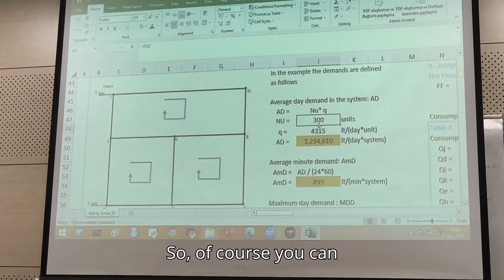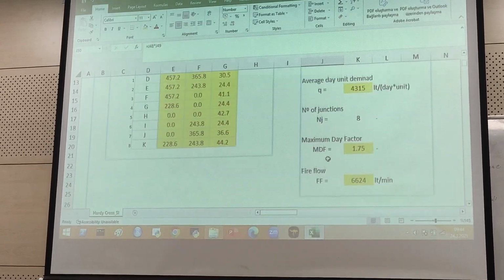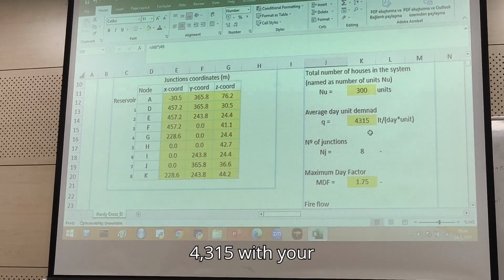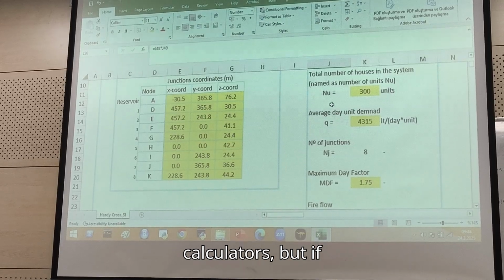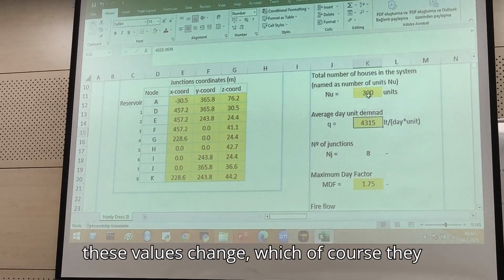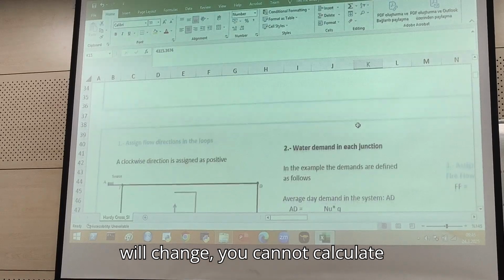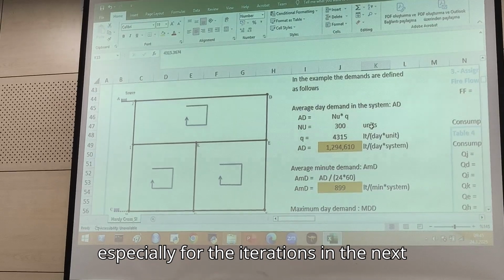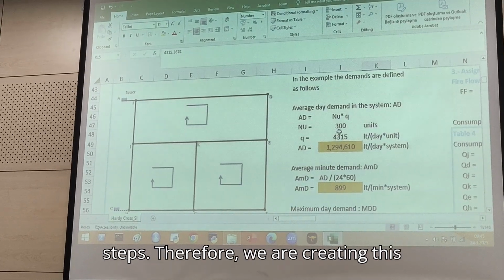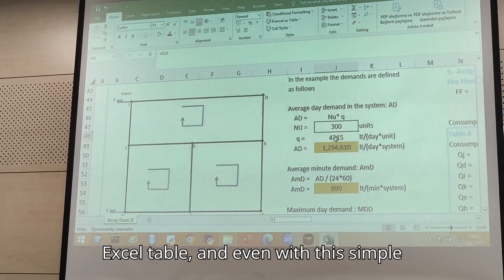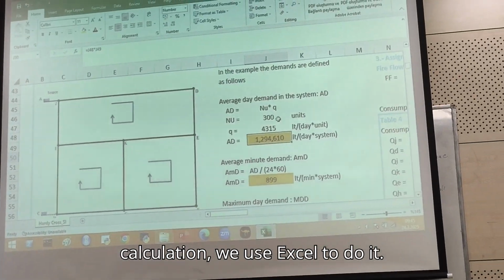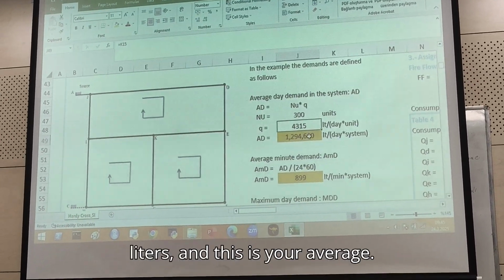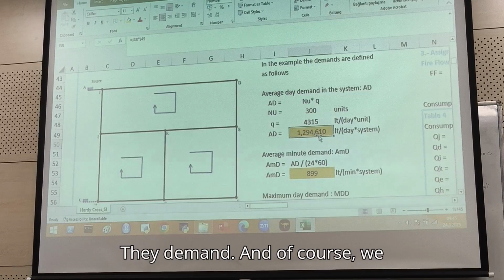Of course you can multiply 300 by 4,315 with your calculators, but if these values change, which of course they will, you cannot calculate everything by calculators, especially for the iterations in the next steps. Therefore, we are creating this Excel table, and even with this simple calculation, we use Excel to do it. So 300 units, this much liters, and this is your average day demand.